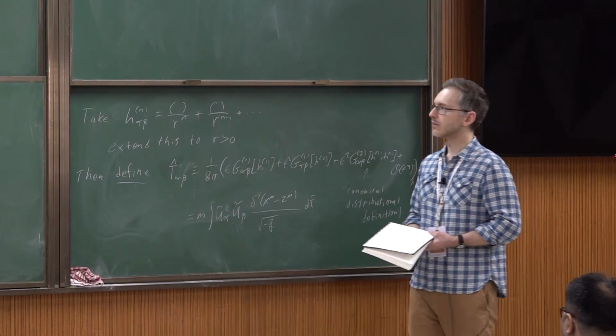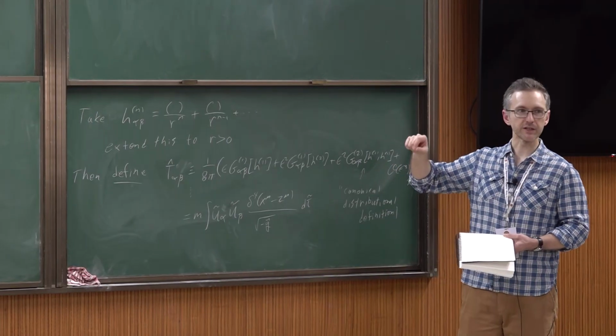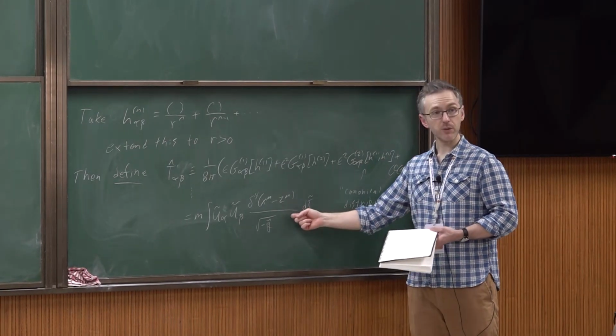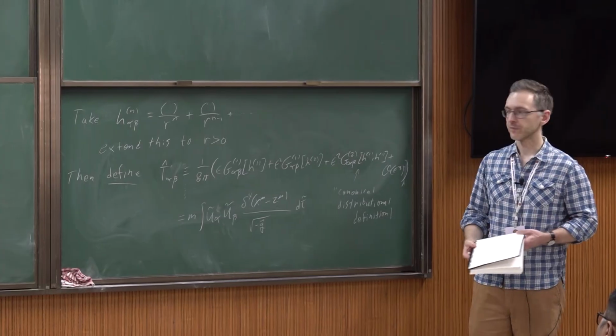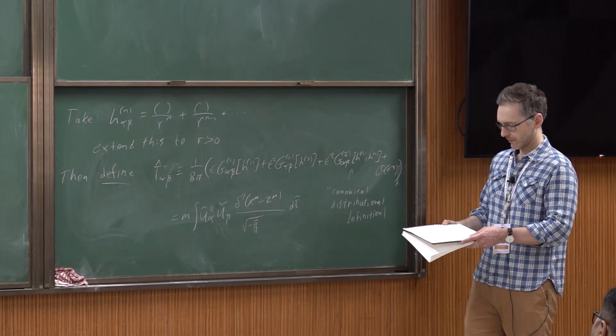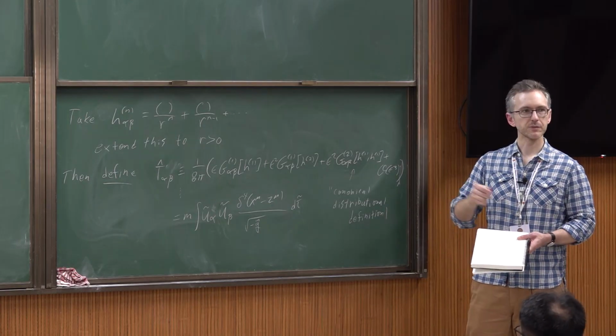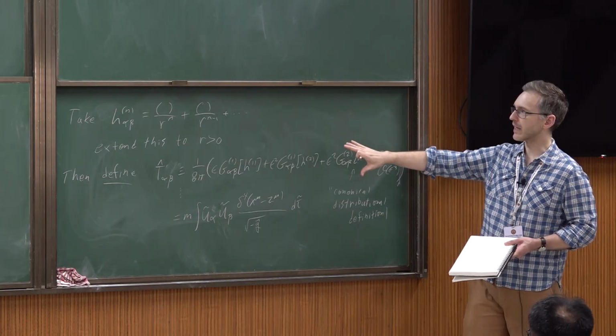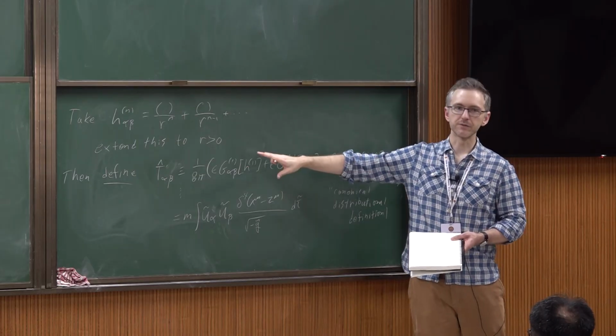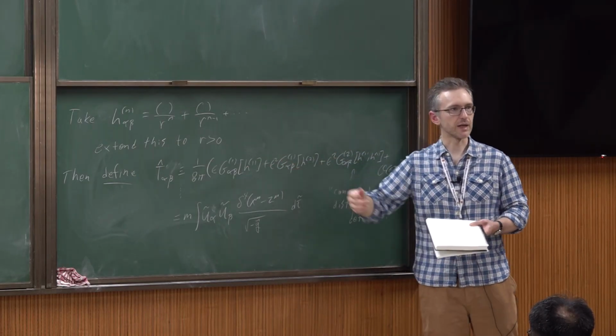So not only is the object moving on a geodesic in the effective metric, it really looks like a point particle in the effective metric as well. Okay, any questions about any of this? So these are the basic results of self-force theory from local analysis.